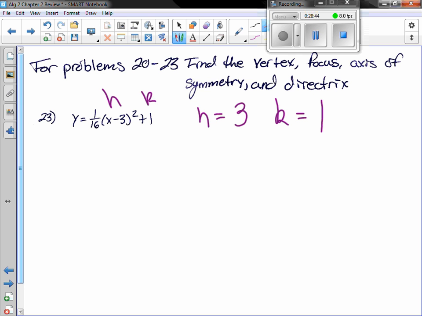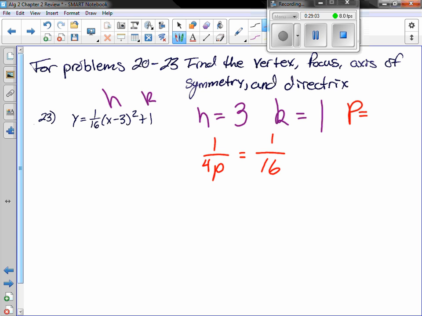Now the only value we're missing is p, yes? Well, I notice that 1 over 4p lines up with the 1 over 16, because that's where p lines up. The 1 over 4p matches up with this equation here.